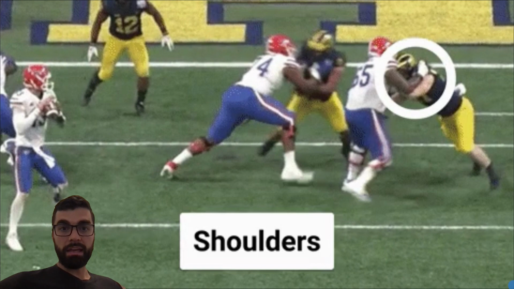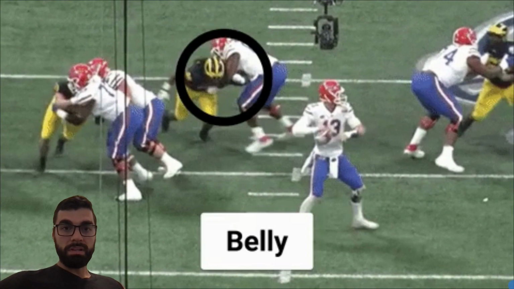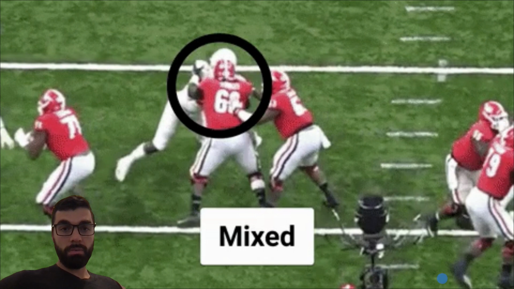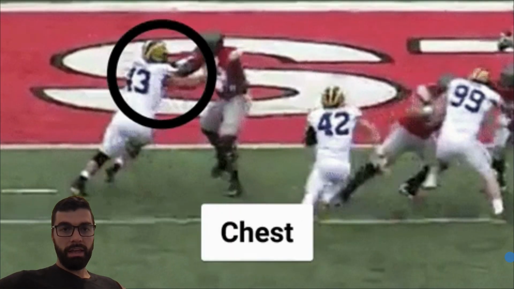Here we see hands on the shoulders. Here we see low hands, belly. A mixed punch there where his hand is high. You can't see it great here, but his other hand is low. And then last but not least, a chest puncher.